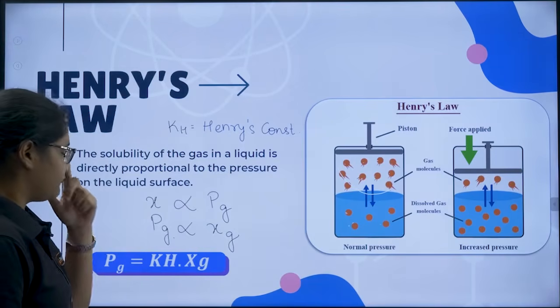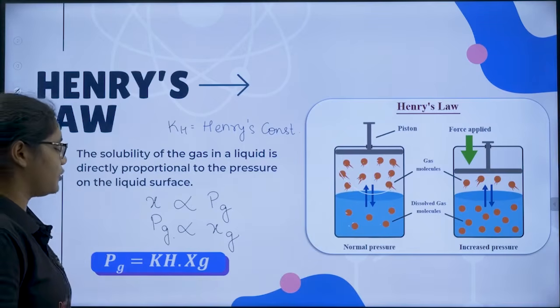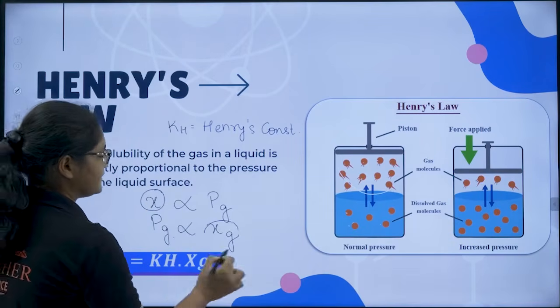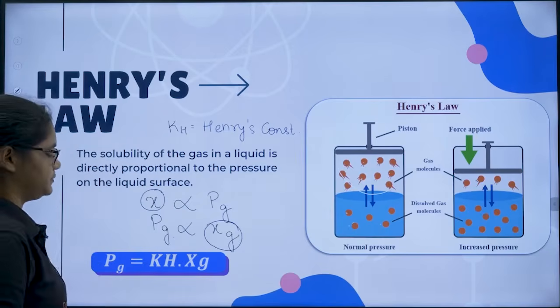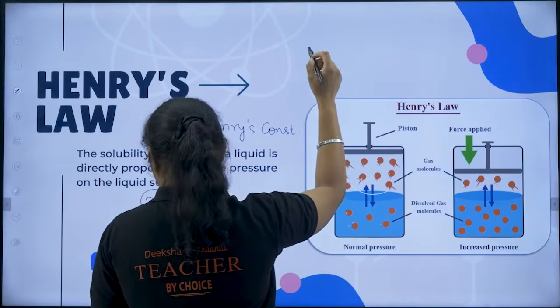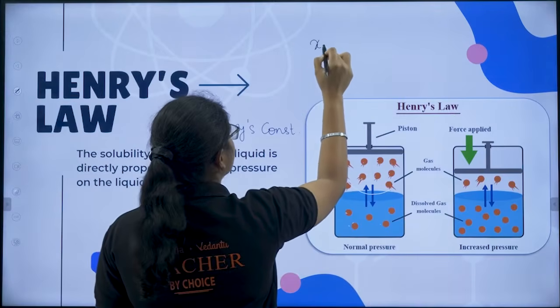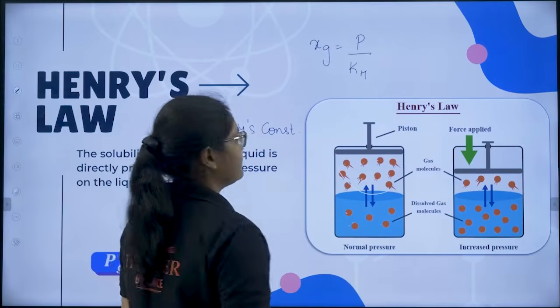Clear? Fine. Now there's something very important. X represents solubility. Now I can write this equation as X of the gas is equal to pressure by KH, right?